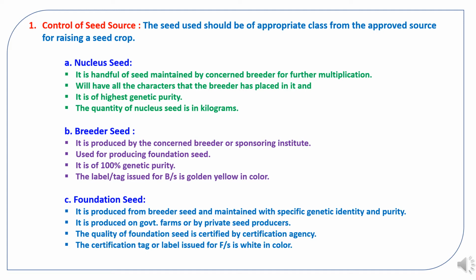It is produced on government farms or by private producers, and the quality of foundation seed is certified by the certification agency or private companies. The certification tag or label issued for foundation seed is white in color. The fourth class is registered seed, which is not in practice in India.